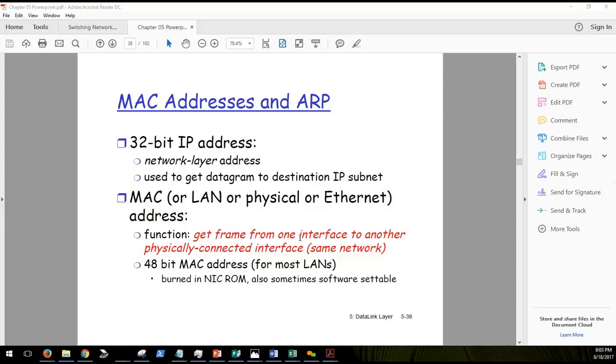And it can also be hubs. Hubs can have them too, yes. Hubs have network interfaces too. What other devices have network interfaces?